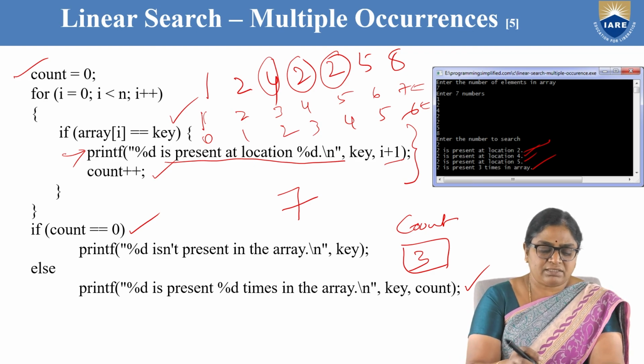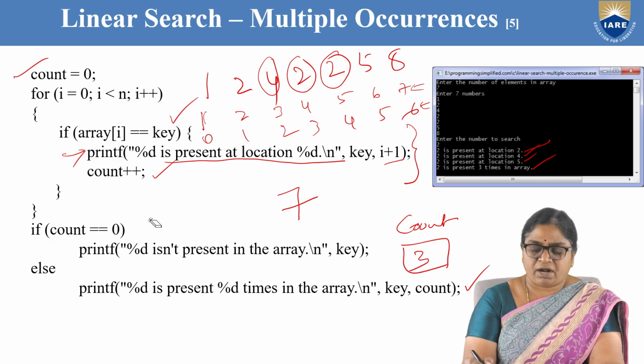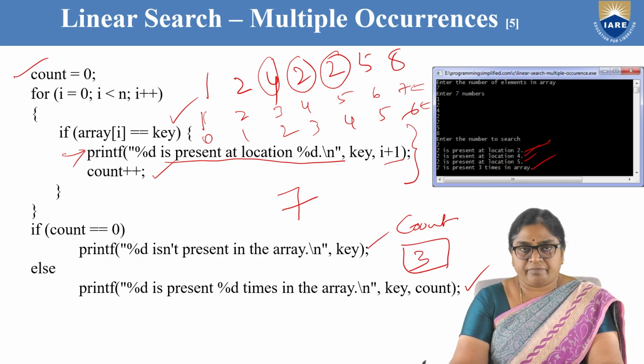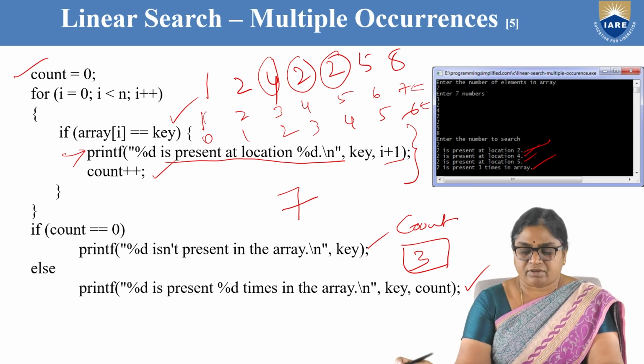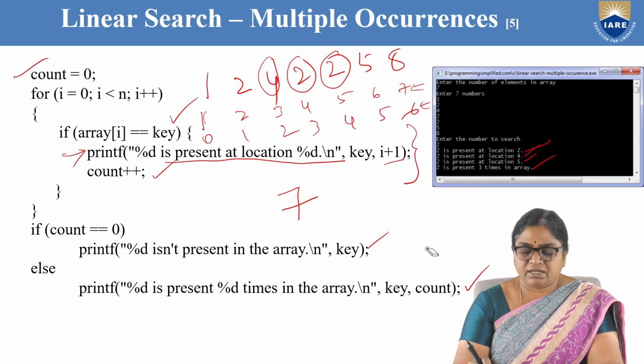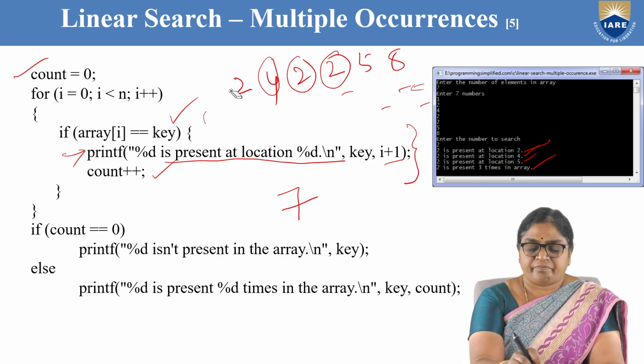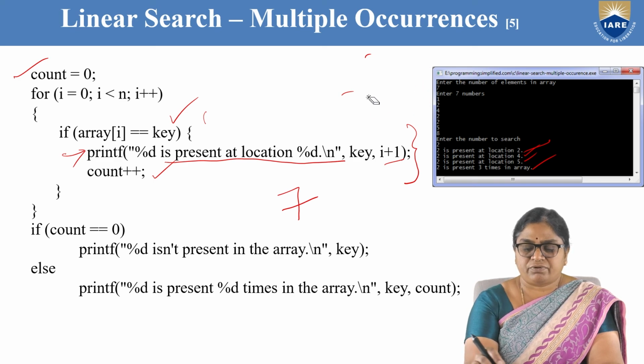So in that case, count will be 0, and we are going to display this particular statement, that is nothing but 7 is not present in the given list. So this is how we are going to check the multiple occurrences of a key element in a given list of elements.